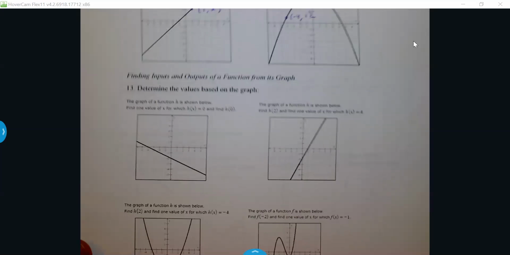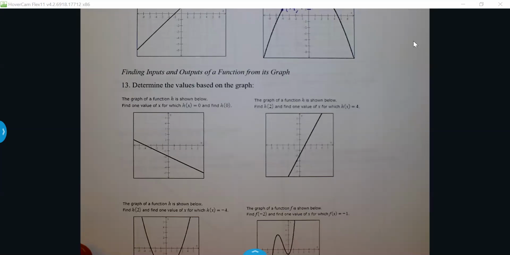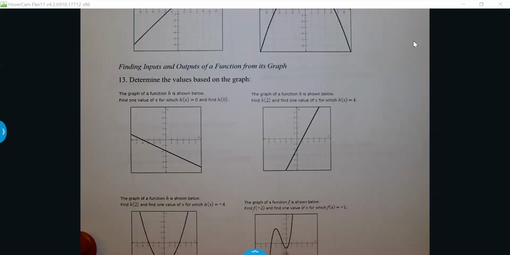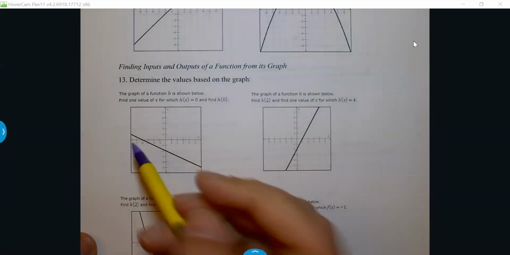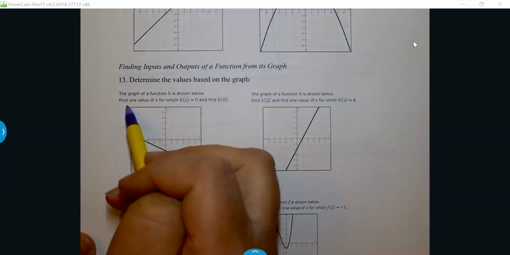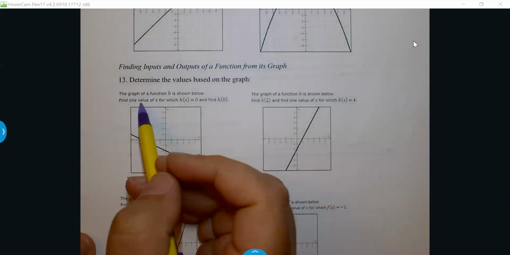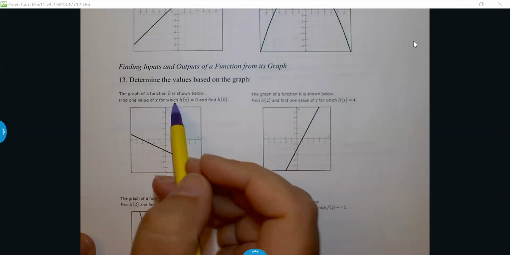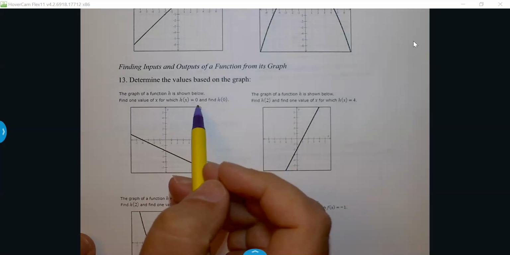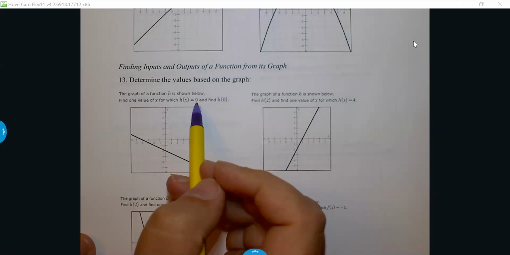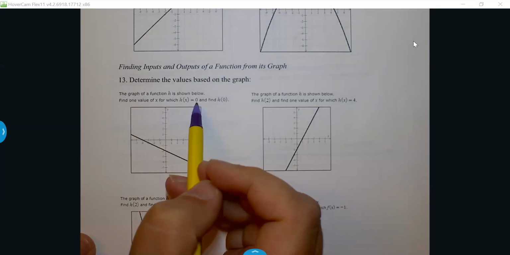For the next topic, finding inputs and outputs of a function from its graph, it's more of the same, except we're going to be asked the opposite as well. So we have a graph below, and we have to find one value of x for which h of x equals 0. Now they're giving us the output of 0, and we need to find the x value that goes along with the y value.